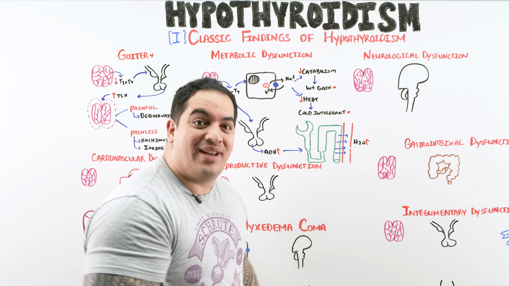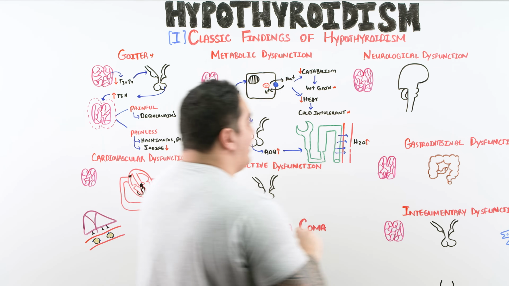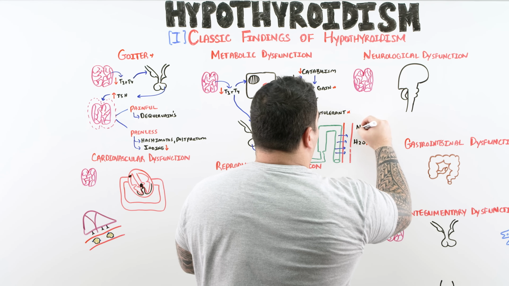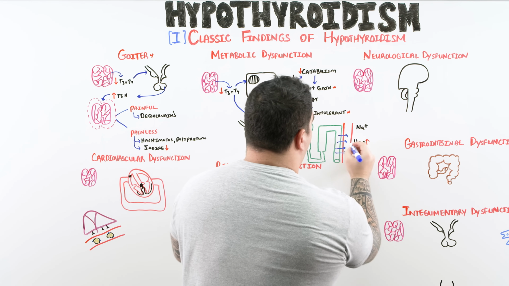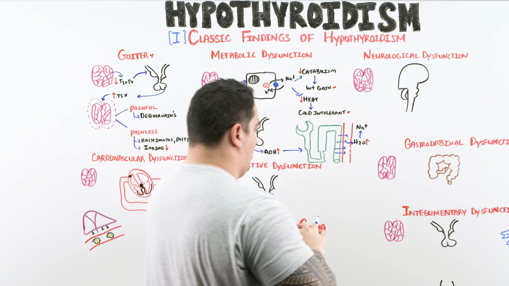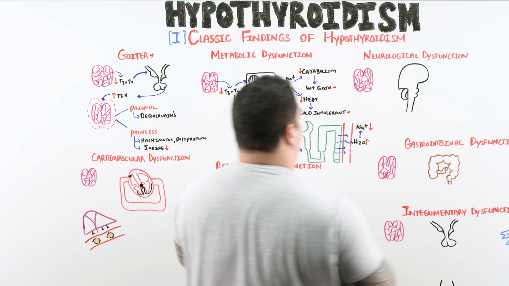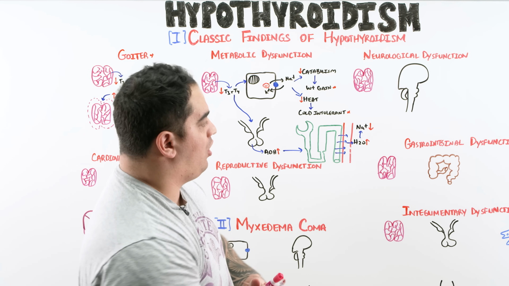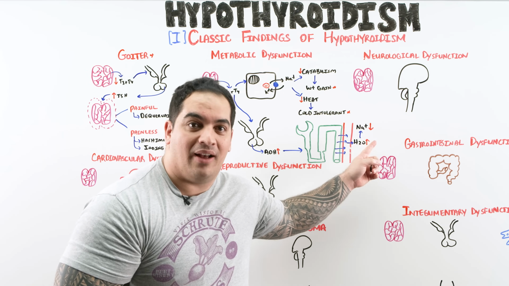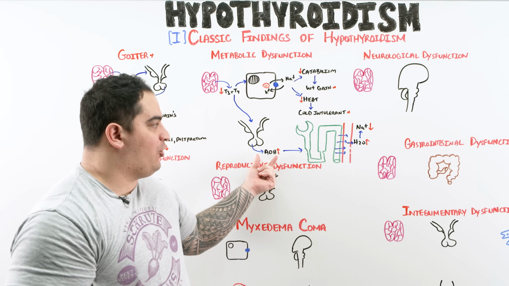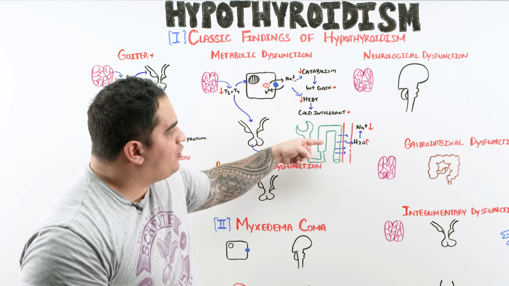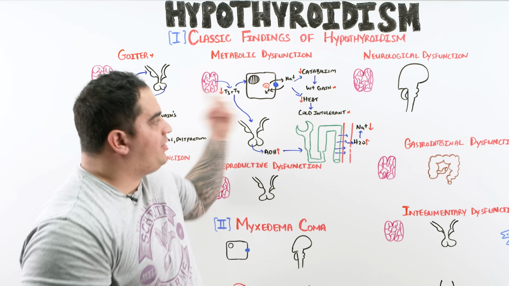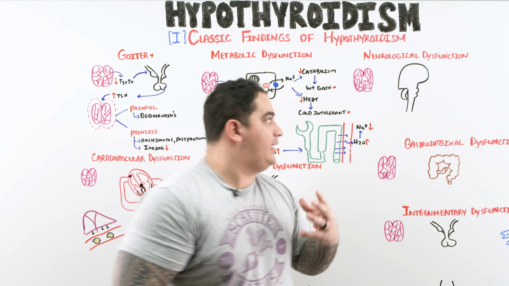Well, I'll dilute down my sodium, and this will lead to hyponatremia. So one of the other classic findings that you may see is a patient who has hyponatremia, kind of like a subcategory of what we refer to as SIADH. So hyponatremia, weight gain, cold intolerance, goiter, classic findings.